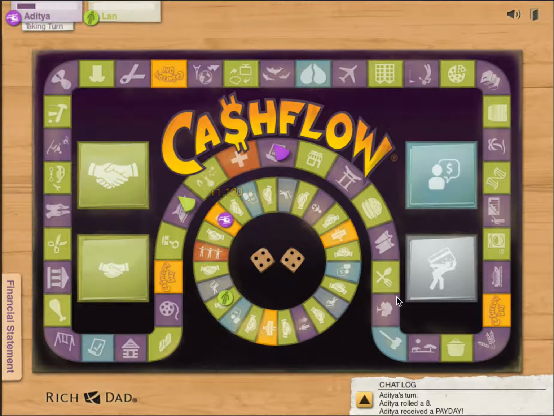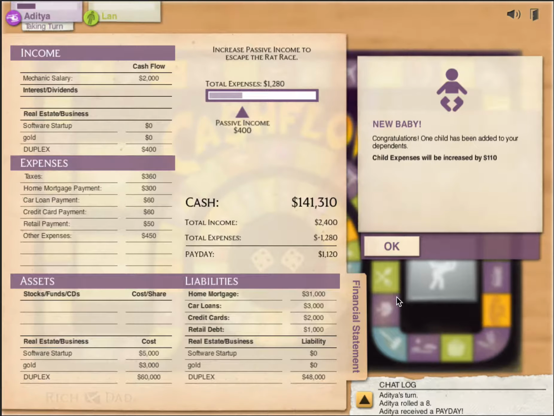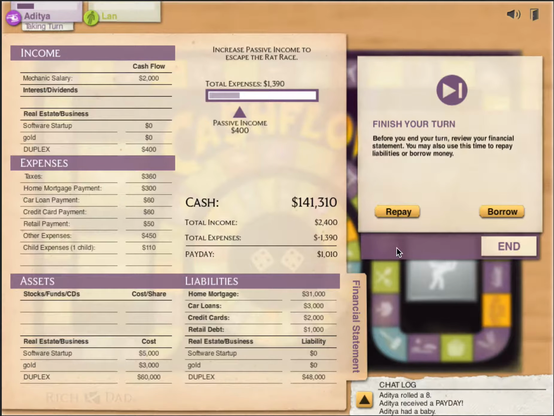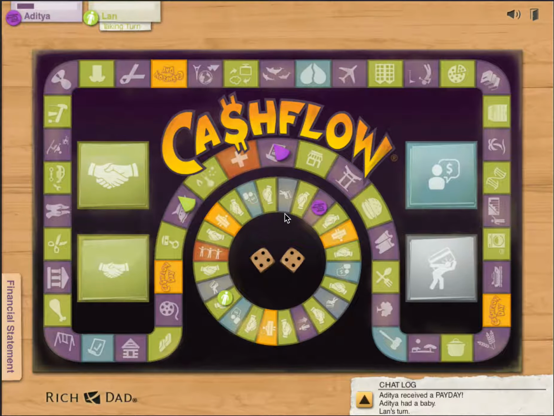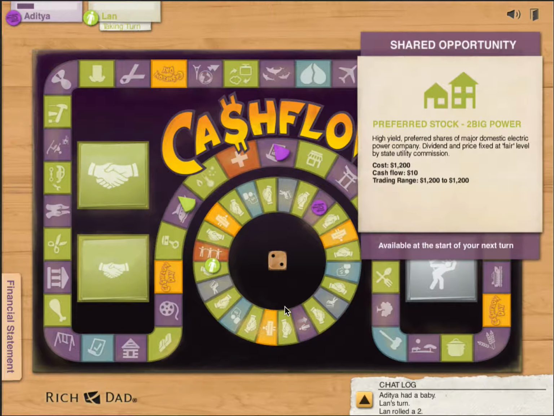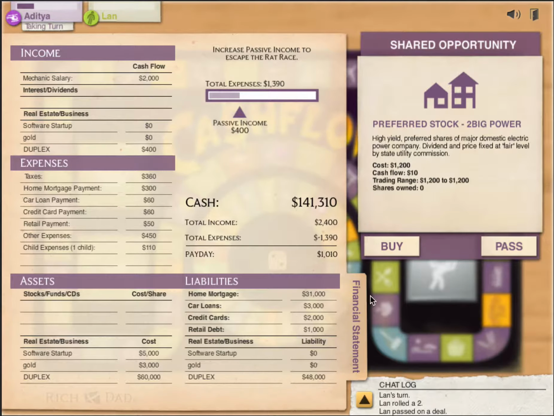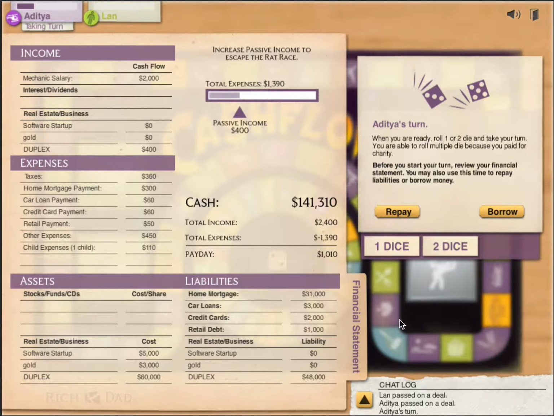And we have a baby, so our expenses go up by 110, which is good. We want to cross 3,000 in expenses anyway, because we want to get out of this small circle of rich and not poor. So again, we're going to pass on this one. We're going to roll 2 dice.